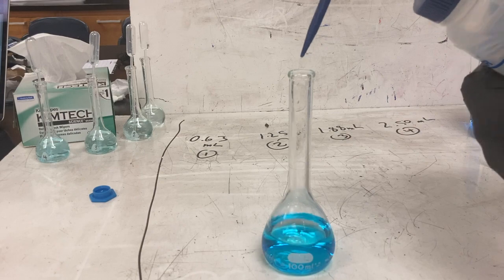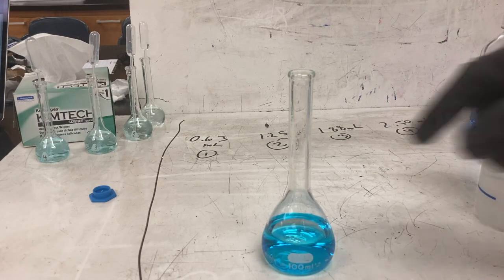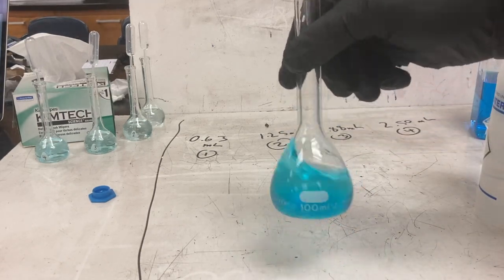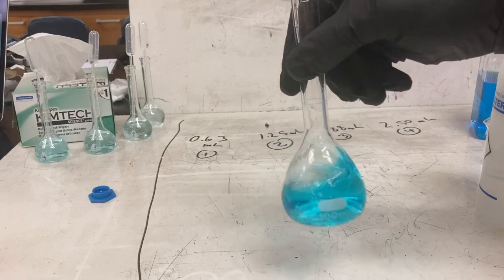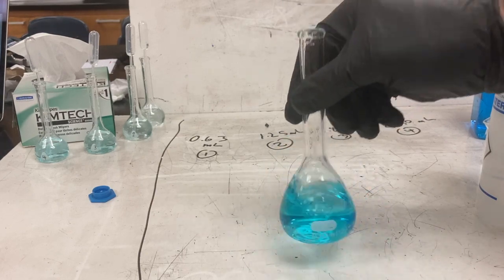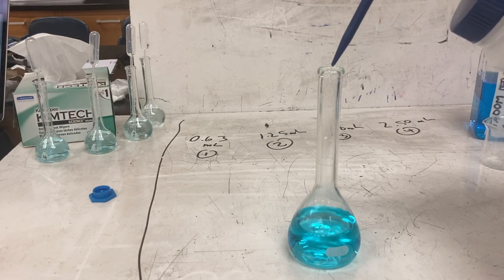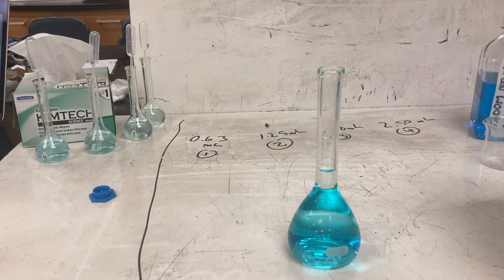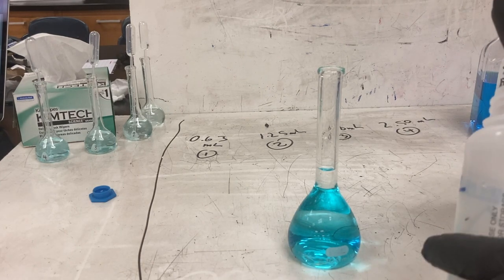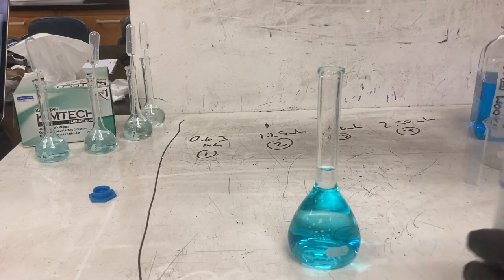Speed through filling this up because it's pretty slow. Halfway through I stop and I'm going to swirl it around a little bit just to mix it. Make sure that I'm getting a nice homogeneous solution. I'm going to fill it up into the neck, close to the calibration mark at the top. Then I'm going to switch to a thin stem pipette again.